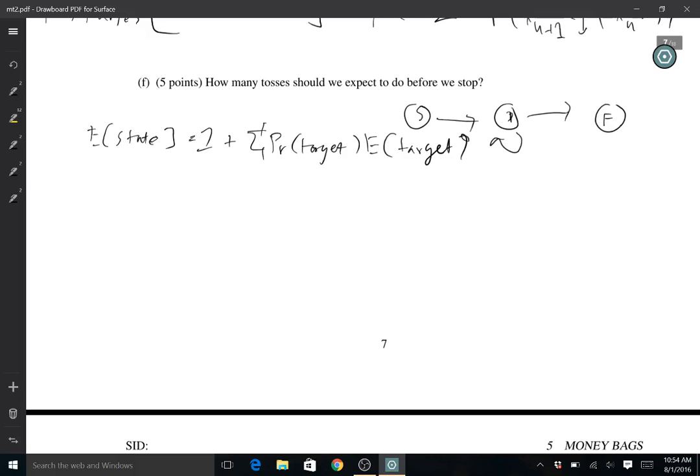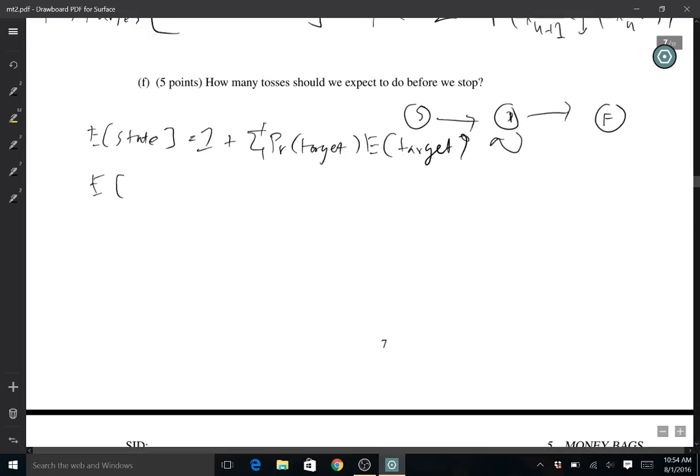And we can write the equations in a straightforward manner. So E of S would be 1 plus 1 times E of D. And 1 is the probability of transitioning to D, so that's why I multiply by 1. And then, oh shoot, the screen darkened.